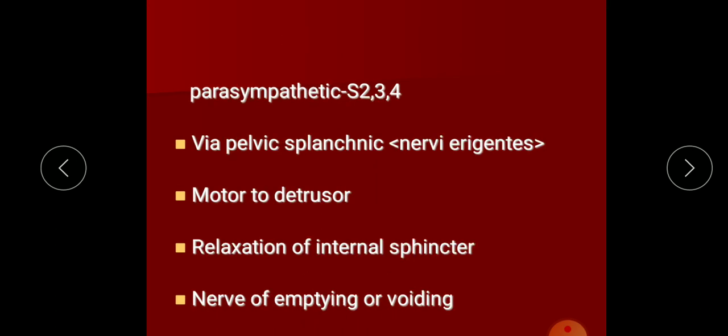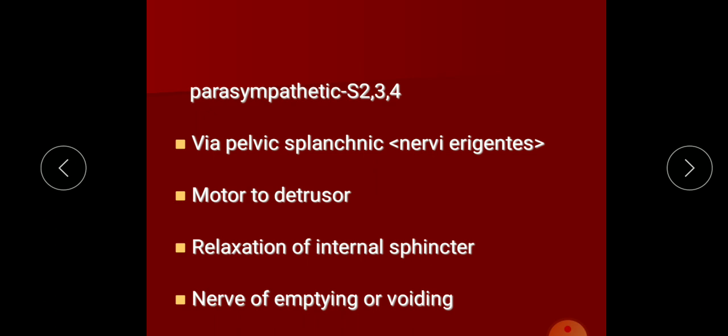And parasympathetic comes from S2, S3 and S4 through the pelvic splanchnic nerves, termed the nervi erigentes. Parasympathetic is the nerve of emptying or voiding.